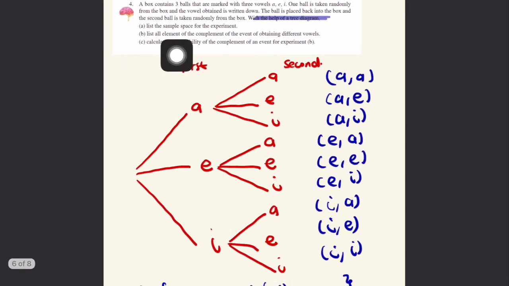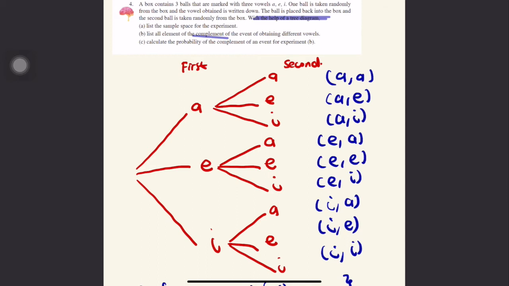List all element of the complement of the event of obtaining different vowels. Okay, saya ulang balik. List all the element of the complement of the event of obtaining different vowels. Dia kata senaraikan semua elemen pelengkap bila mendapat vowels yang berbeza.